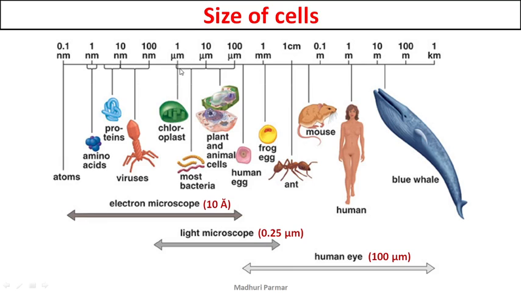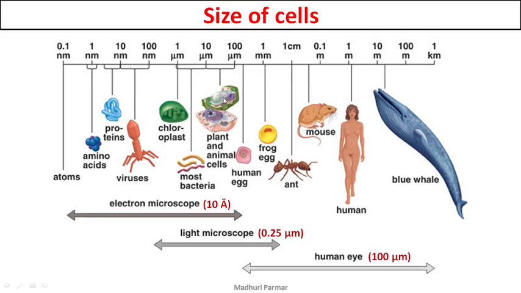Around 1 micrometer to 10 micrometer, or micron, you have most of the bacteria. From atoms till the subcellular organelles, you have to use an electron microscope, which is very clear, and you can observe things that are smaller, up to 2 nanometer or even less.